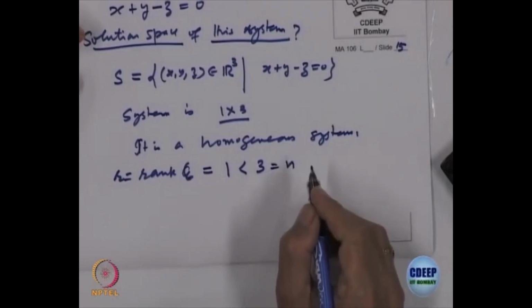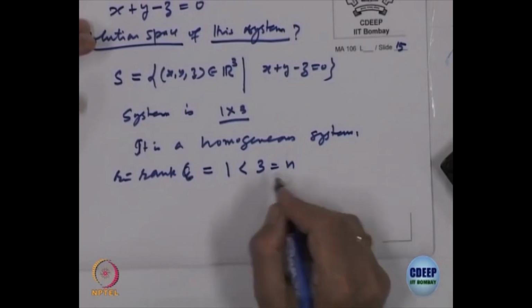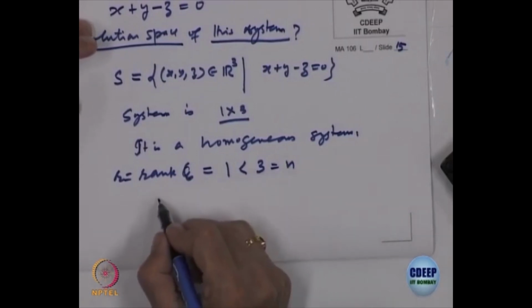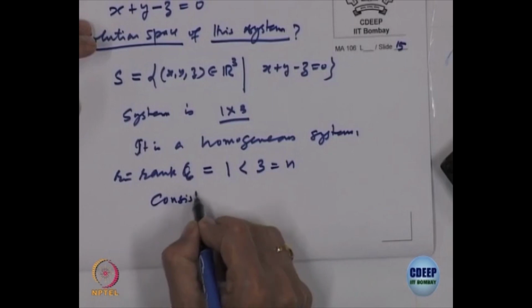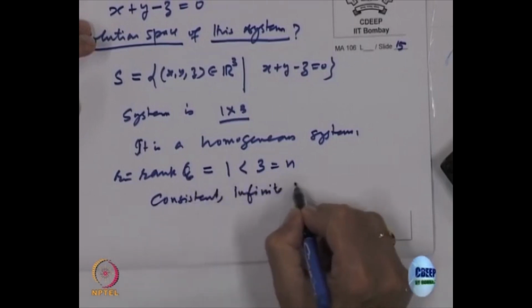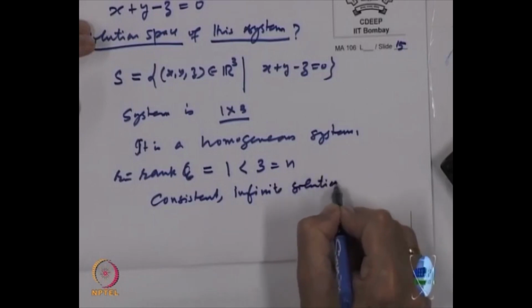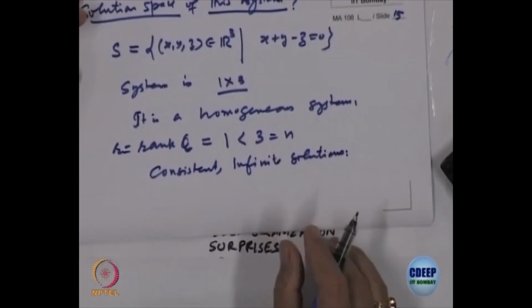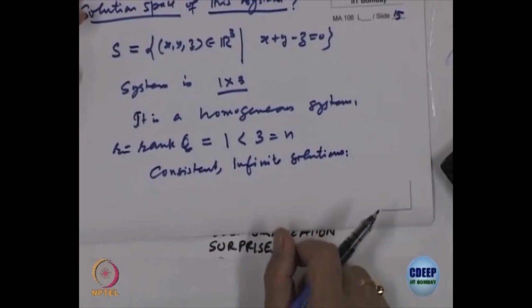So, how many solutions are possible? Yes, consistent, with infinite solutions, right, and we gave a method of finding the infinite solutions. Where is the pivotal column?